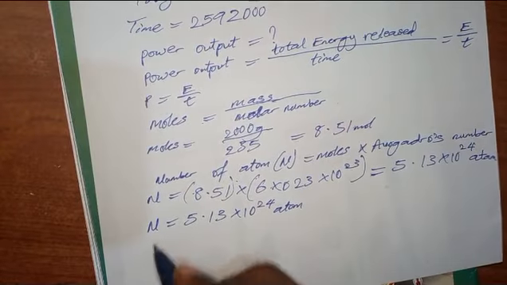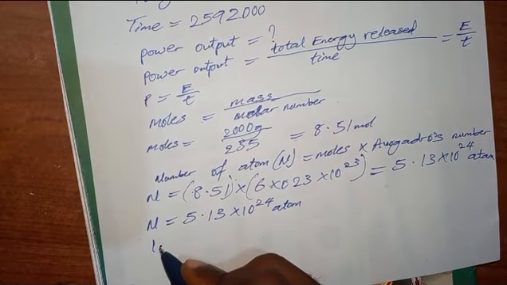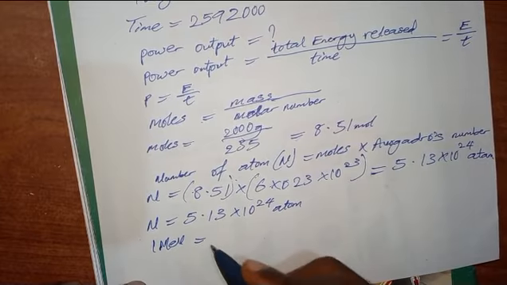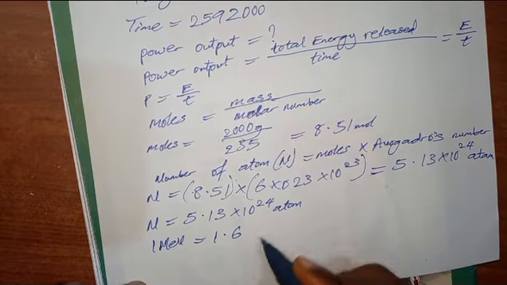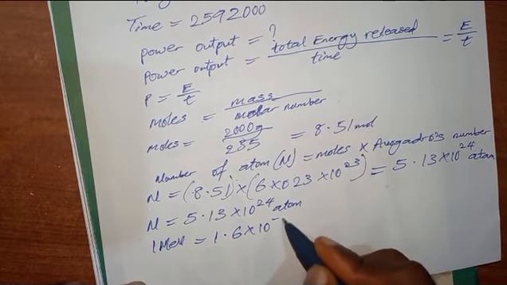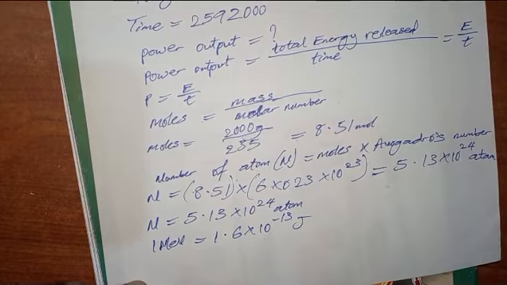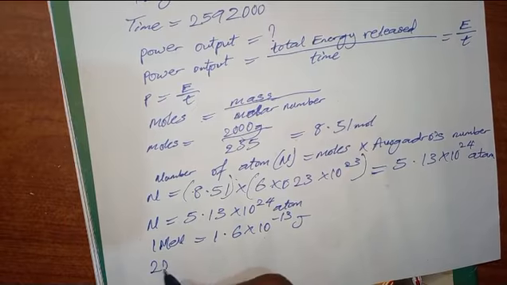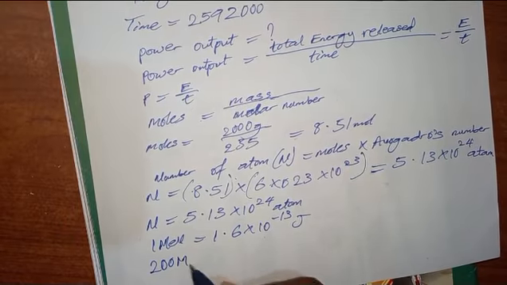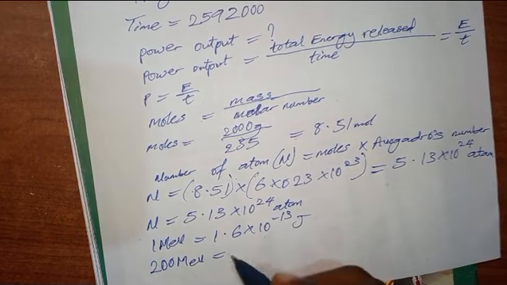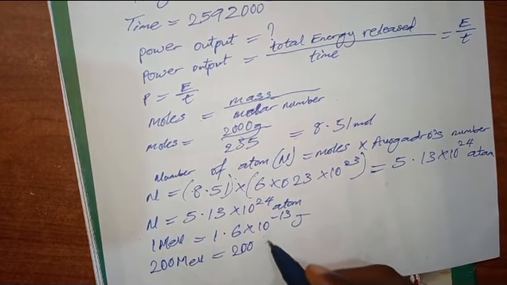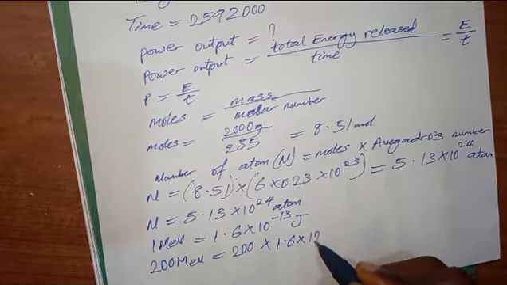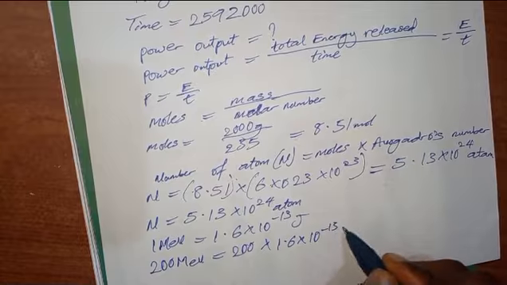While converting that, 1 mega electron volt is equal to 1.6 times 10 raised to power minus 13 joules. So if 1 is equal to this, that means 200 mega electron volts will be equal to 200 times 1.6 times 10 raised to power minus 13 joules.